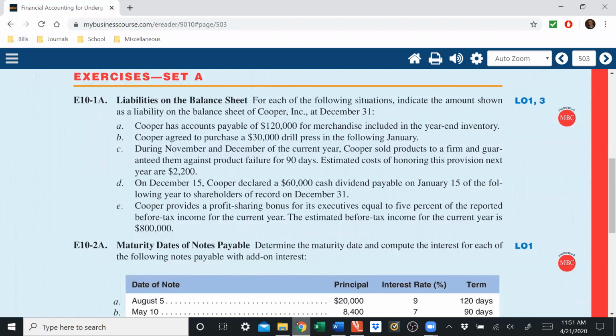B, Cooper agreed to purchase a $30,000 drill press in the following January. Nothing's happened this year. No transaction has happened that we have to account for. So nothing is recorded for this in the current year.